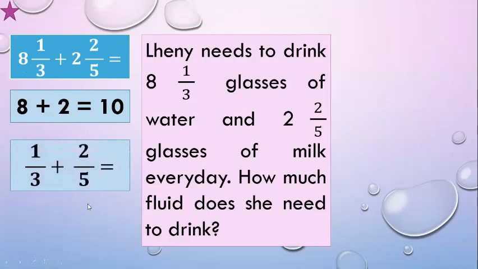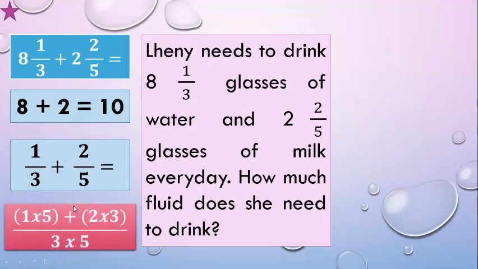Then let's proceed to our fractions. 1/3 plus 2/5, still plus. So again, I am using the cross multiplication method because they are dissimilar fractions and the denominators are small values.